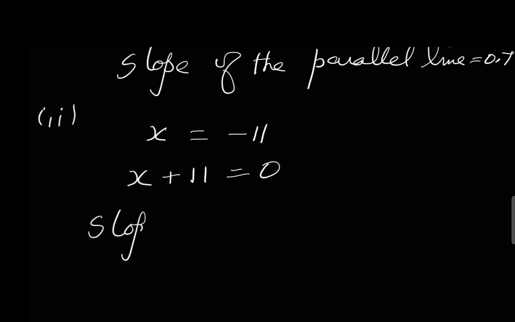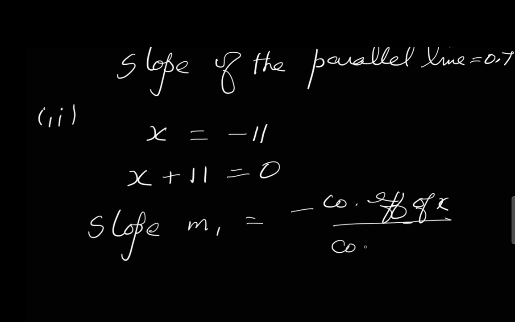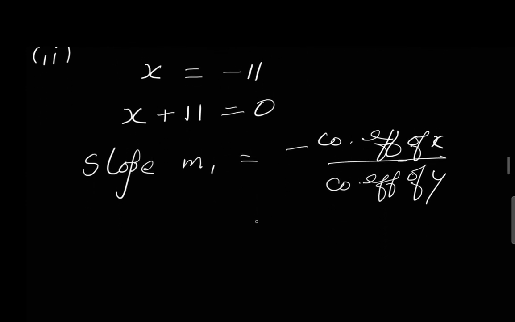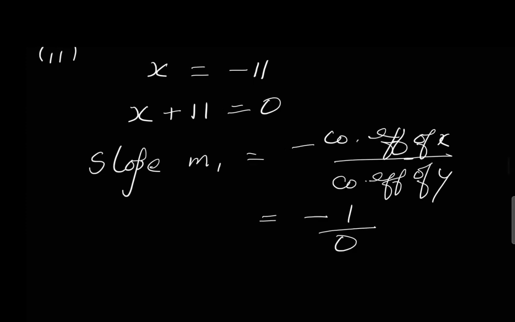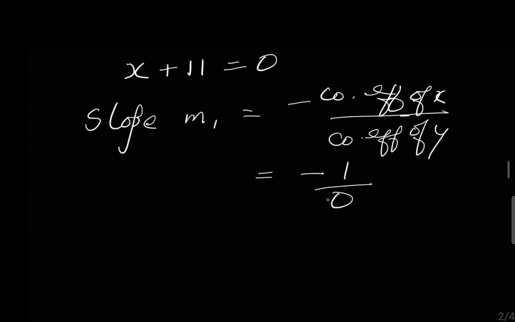Slope m1 is equal to minus coefficient of x divided by coefficient of y. Coefficient of x is 1. No y term here, 0. So don't write the answer, just write slope m1 equal to minus 1 by 0.